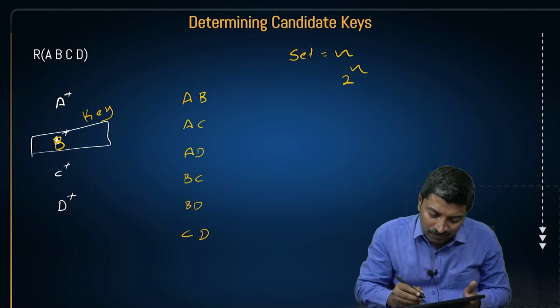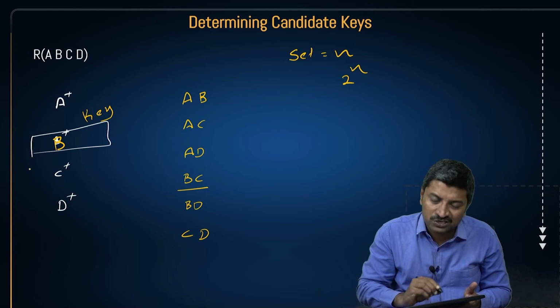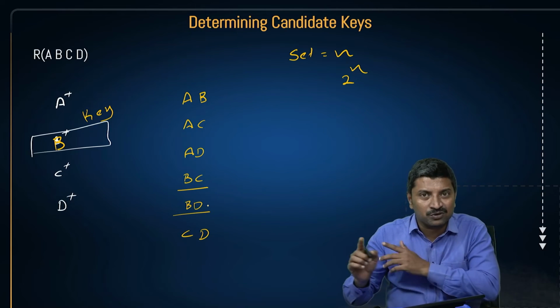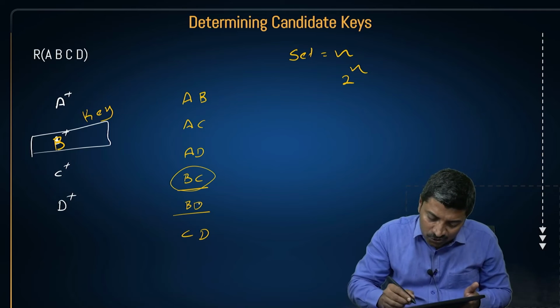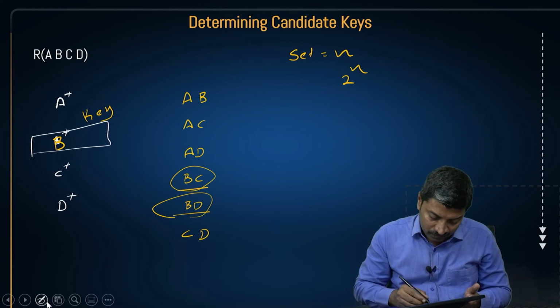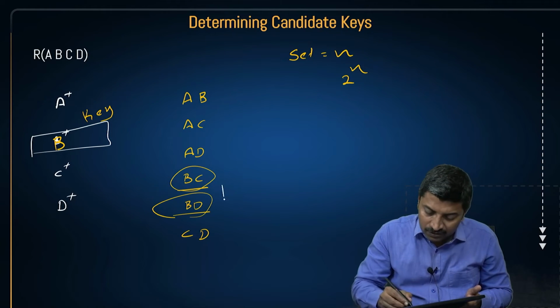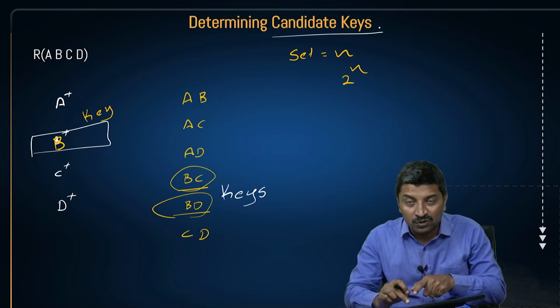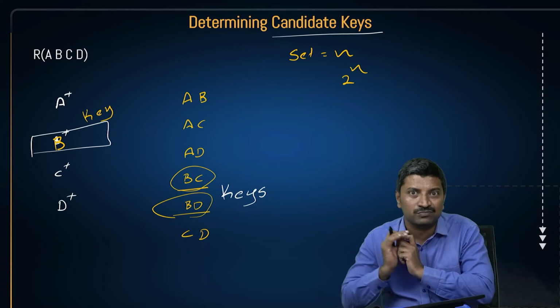So that means I can say BC closure is also equal to all values, and BD closure is also equal to all values. That means these two also can be keys. But we are interested only in candidate keys. So if they ask for keys, I can say these are also keys.